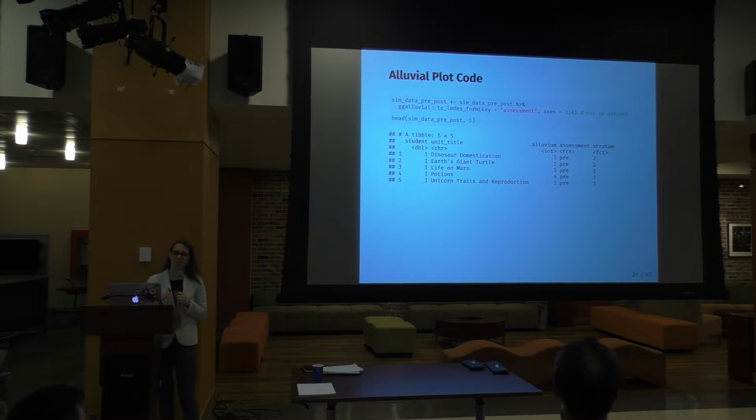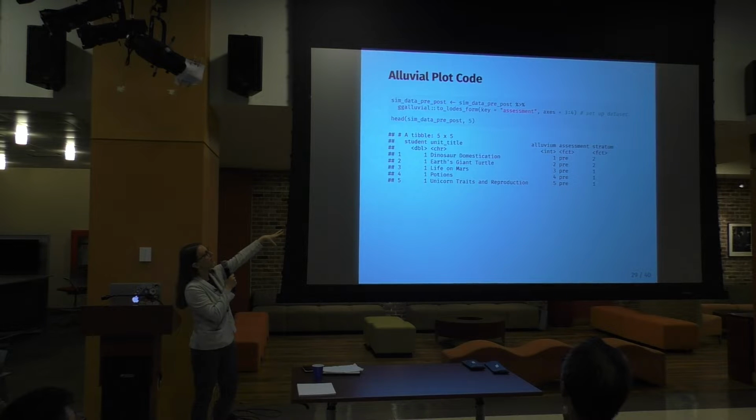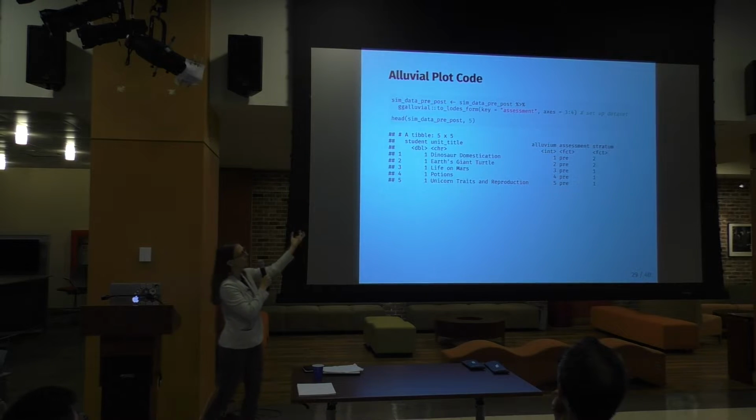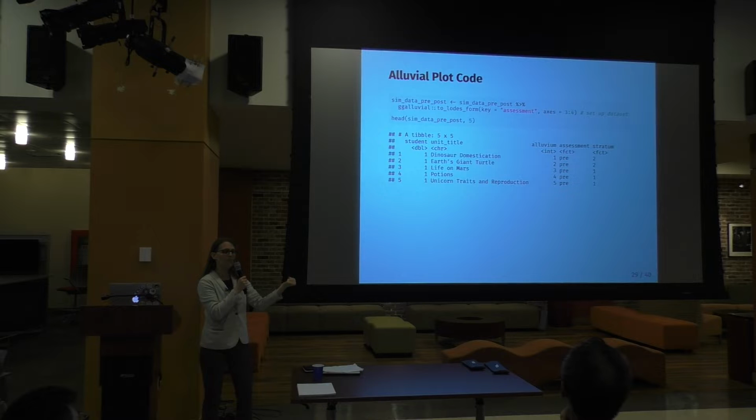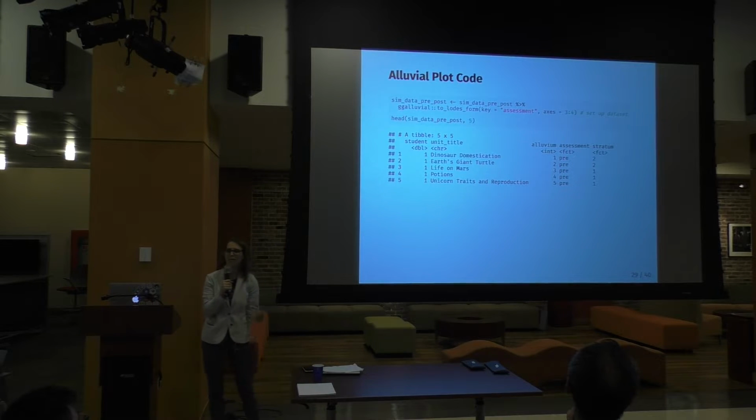If you start with your data set wide by that, you can use this to_lodes_form command, and it will pull together and shape the data set as you need it. It will actually label the columns with fancy labels that don't seem to make a lot of sense, but are really what you end up seeing in the code.